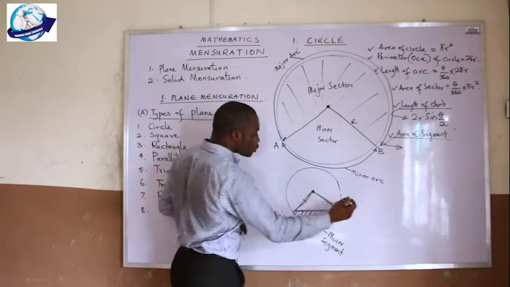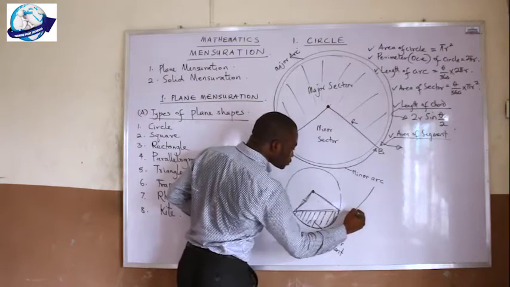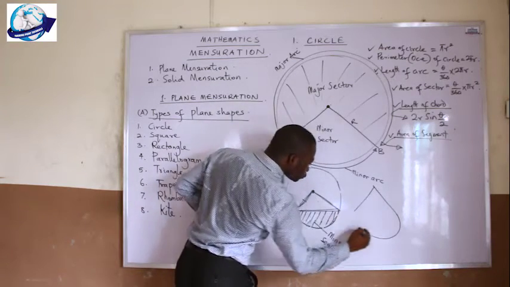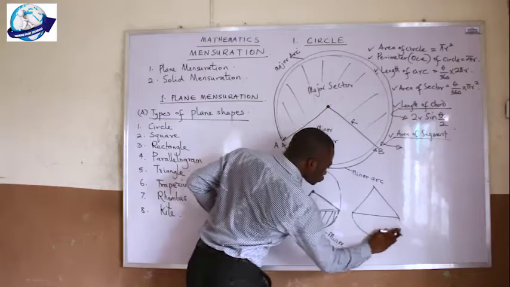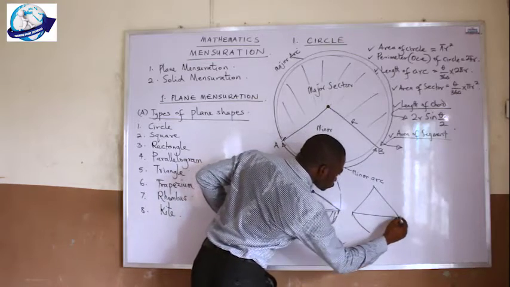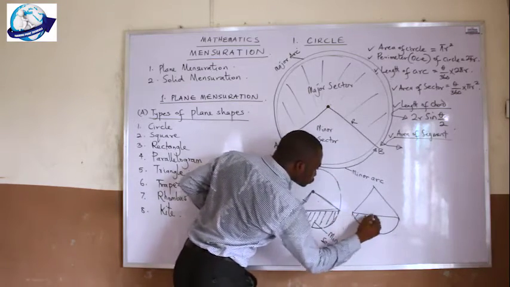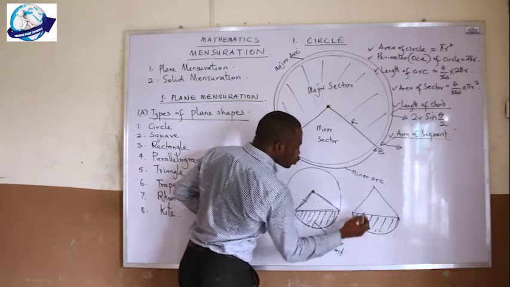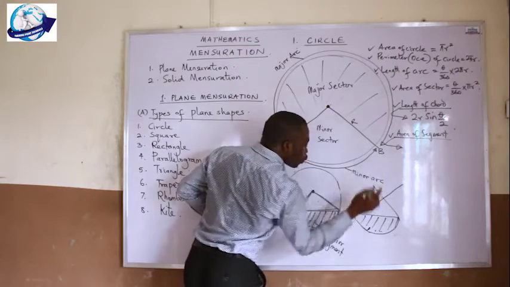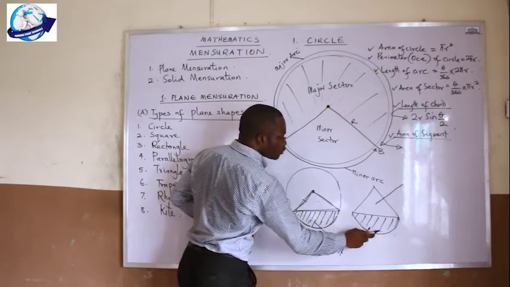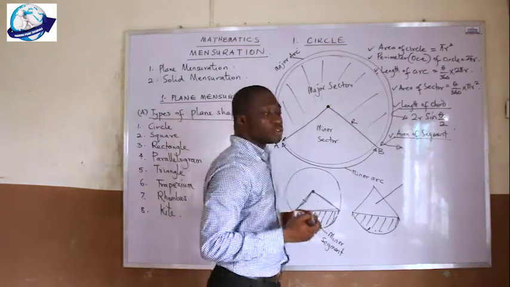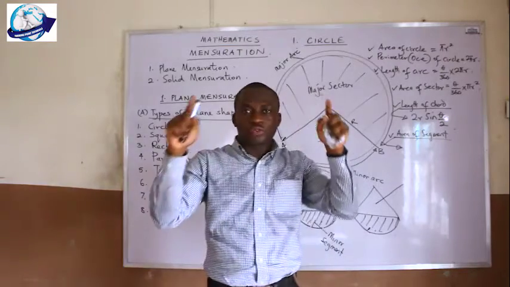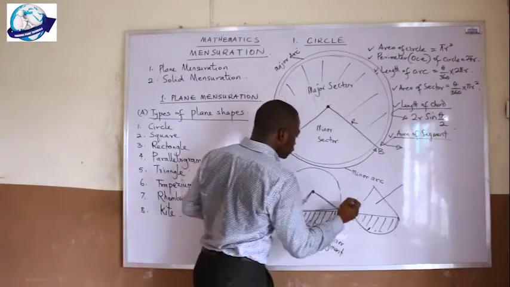So if you cut this thing out, let me bring it out so you see very clearly. So this is now the segment. If you cut this thing out, what will be left is the area of the segment. So what is the area of a segment? Now, area of segment is the area of the whole sector, because this is now a sector.